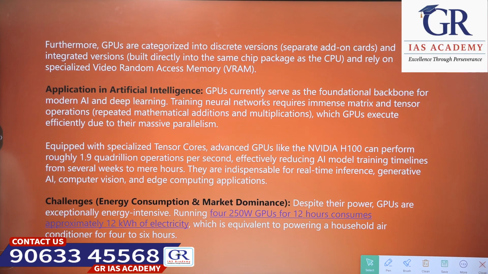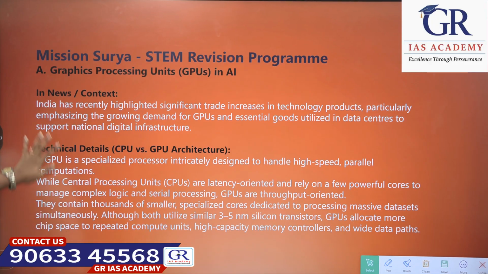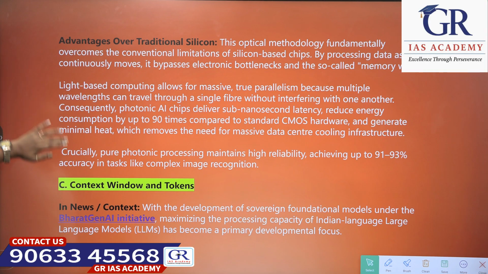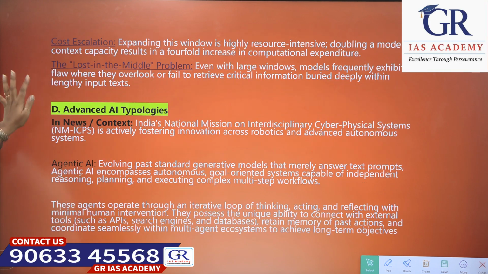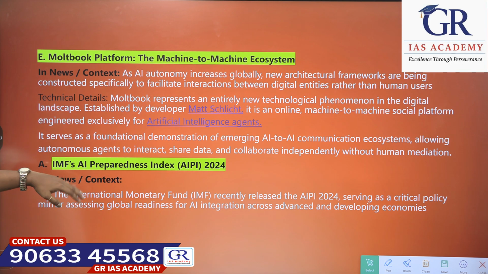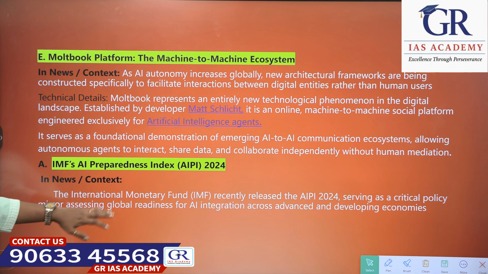So mostly we have covered all the topics for today, like GPUs, CPUs, optical fibers, tokens, typologies, digital twins, Moltbook platforms, and a few indexes like IMF's AI Preparedness Index.